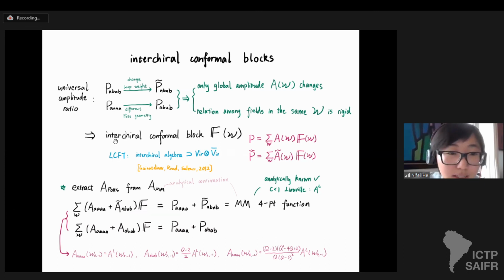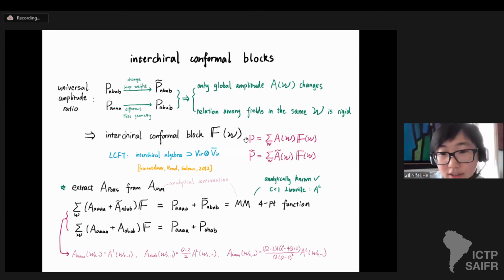So this tells us there's some quantity that we're going to call interchiral conformal block, which organizes the usual conformal fields according to the affine Temperley-Lieb module that they belong to. And the key point is that it's the same interchiral blocks that enter both the Potts probability and the pseudo probability, which appears in minimal models.